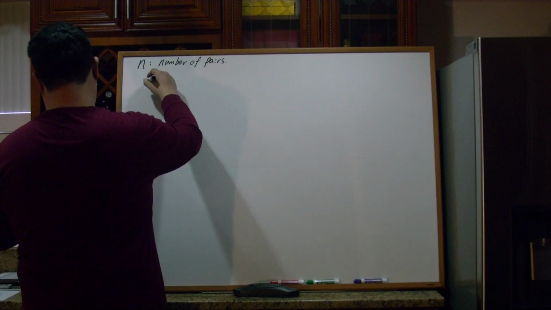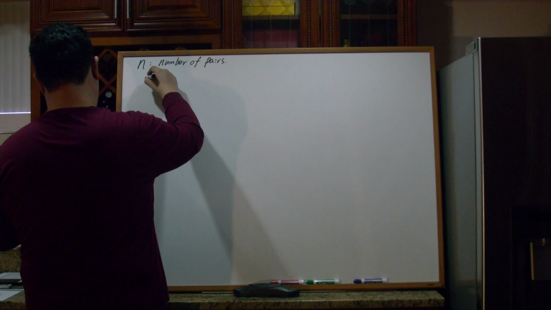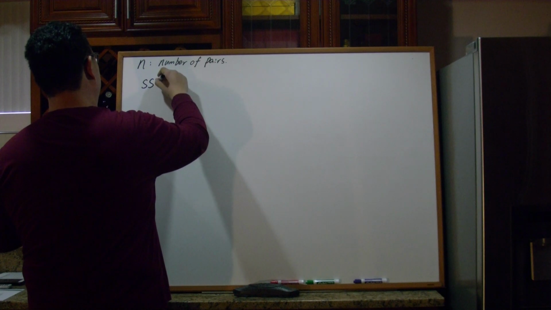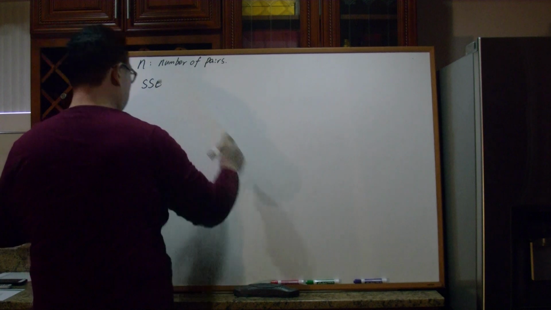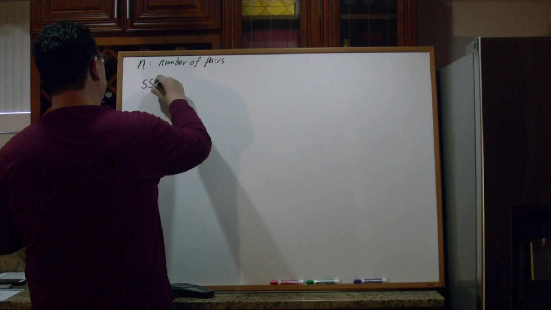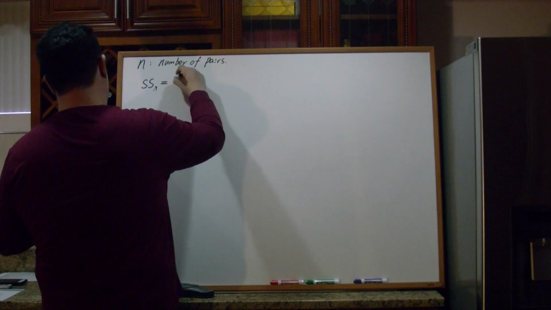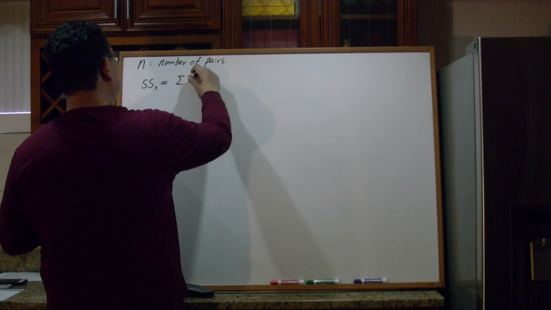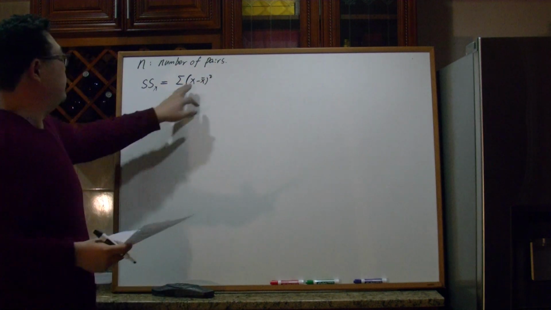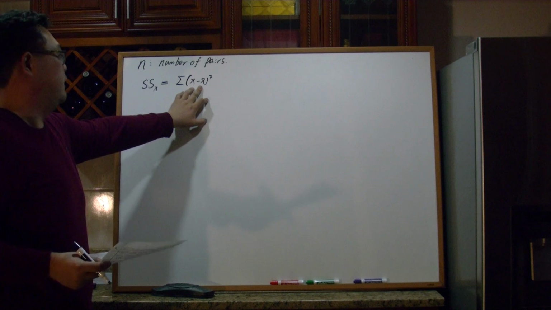Then three things: the sum square error of x, which was originally defined as the numerator. That is the error of x.